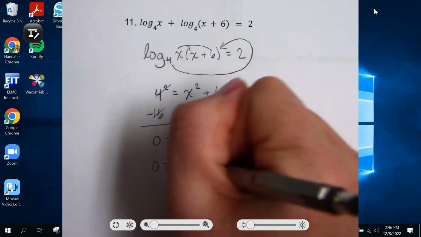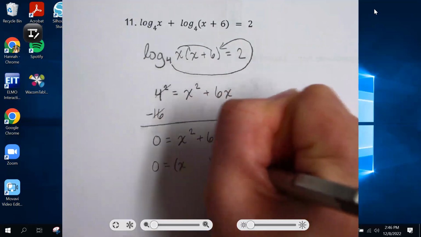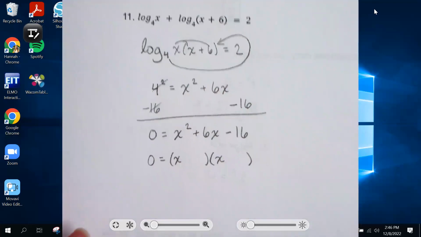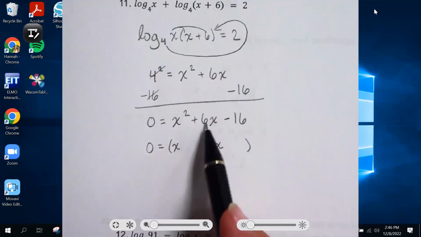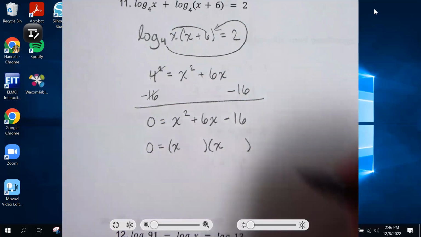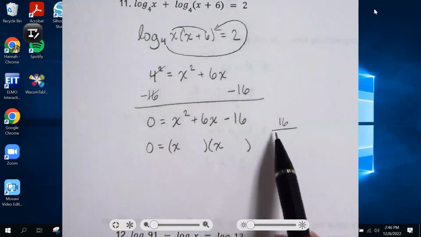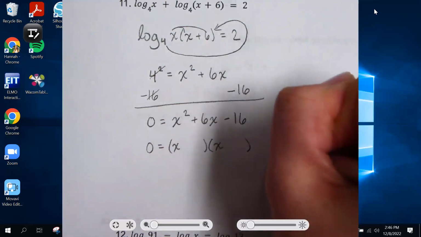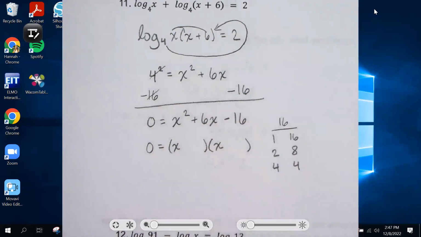So to factor here, we've got 2 sets of parentheses. We know that x goes on the front part of both sets of parentheses. Then we're looking for 2 numbers that multiply to be negative 16 and add to be 6. If you have trouble coming up with those numbers, make a list of factors. So numbers that multiply to be 16: 1 and 16, 2 and 8, 4 and 4.